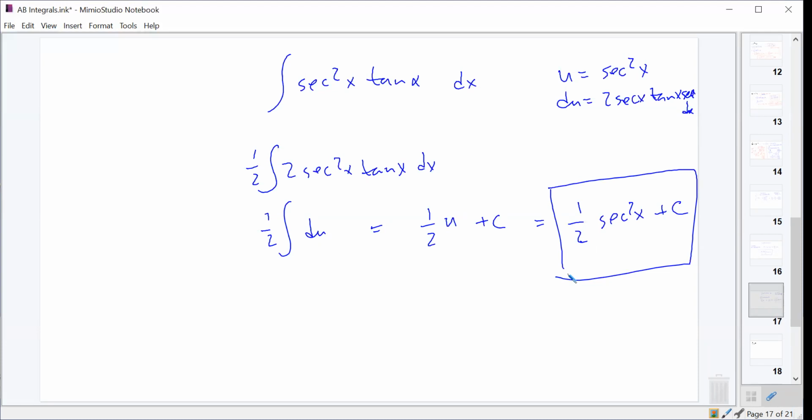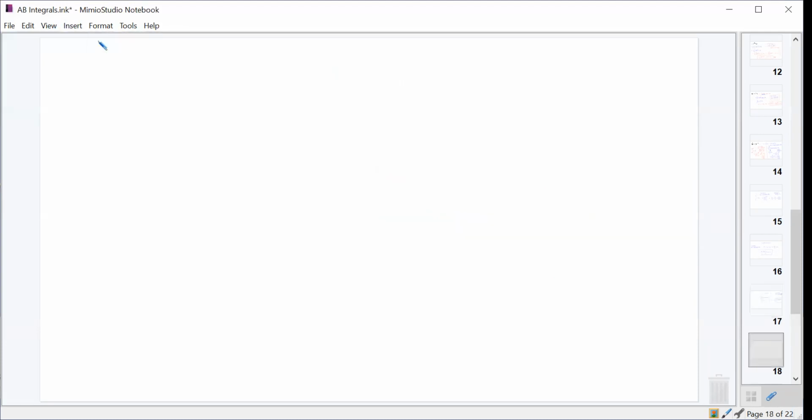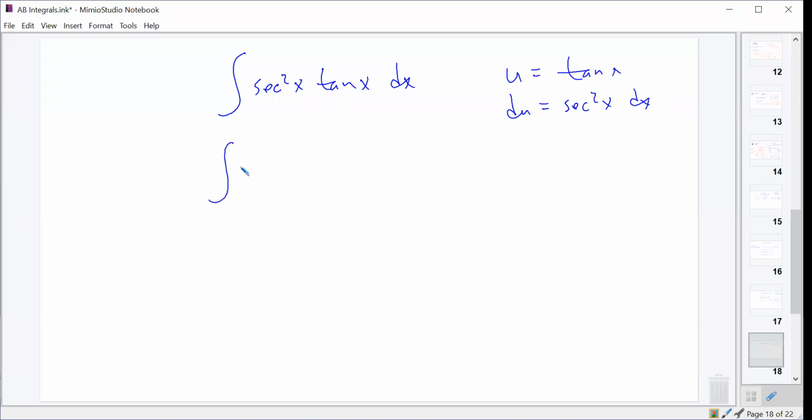Yeah. All right. One more time. Let's take the integral of secant squared x tangent x and do it the other way. What was the other way that we did this? We did u equals tangent x, right? With du equals secant squared x dx. And so this became an integral of u du.